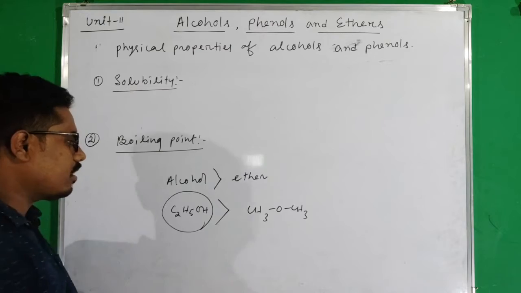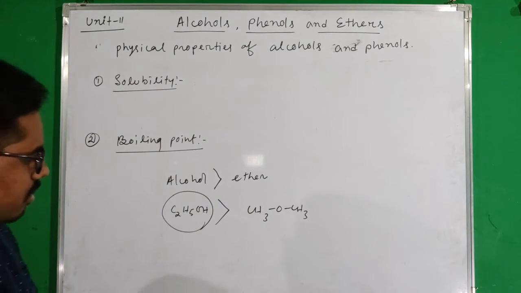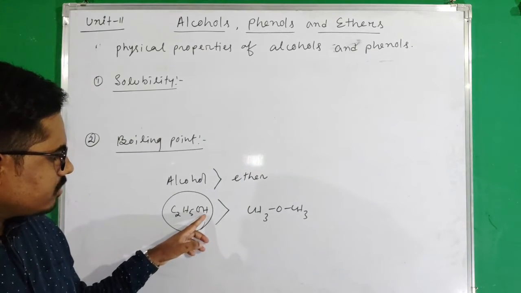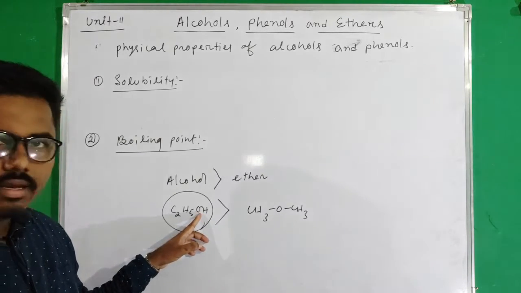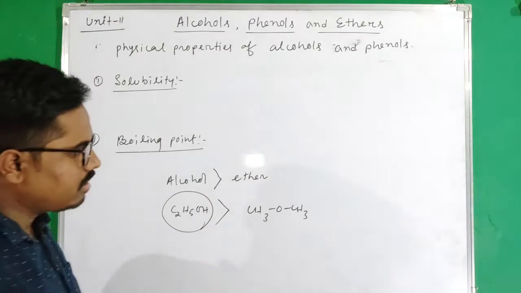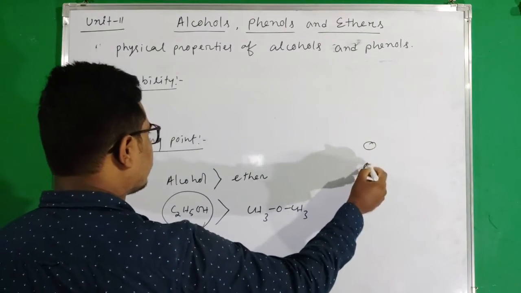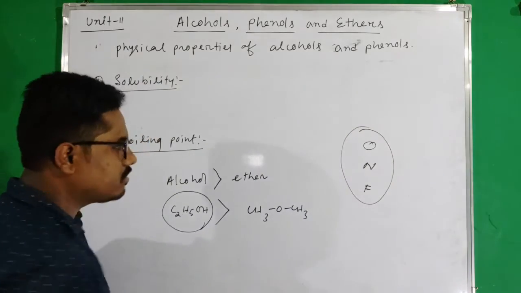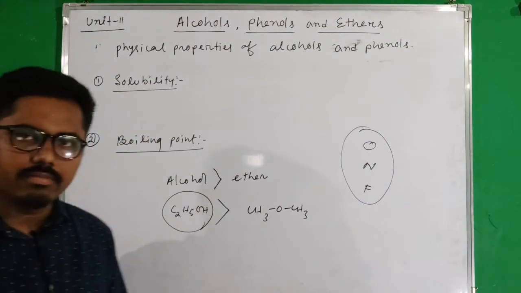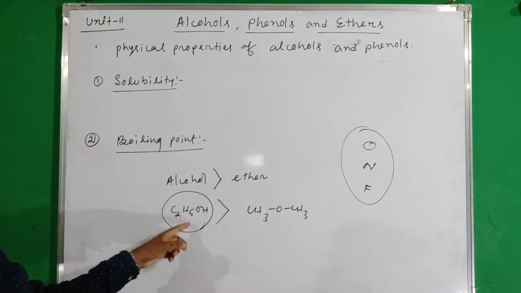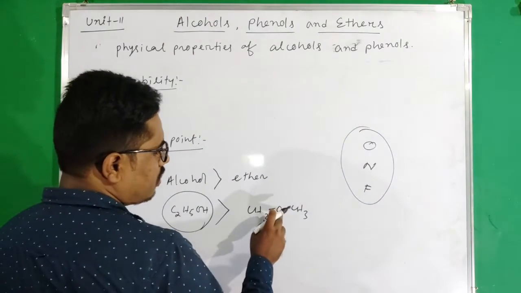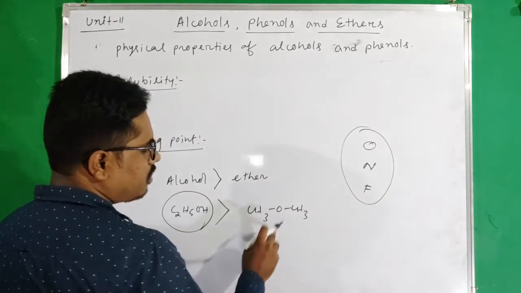bonding in alcohol. Alcohol can form intermolecular hydrogen bonding because in this case the hydrogen is attached with the oxygen, and when hydrogen is attached with oxygen, nitrogen and fluorine, then intermolecular hydrogen bonding is formed. Okay, so in this case intermolecular hydrogen bonding is present, but in this case carbons are attached with oxygen.